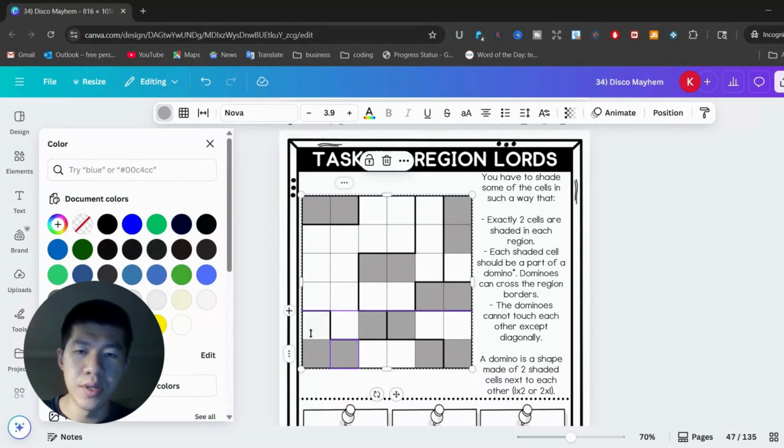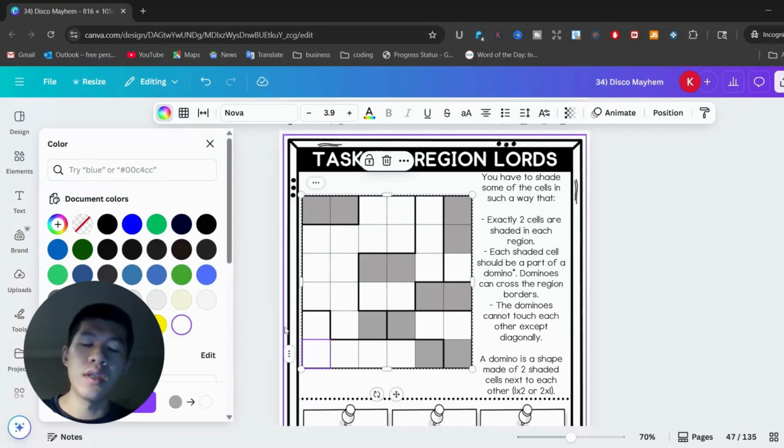So this L shape now has three shaded cells. So I can't put one here. And same goes for this one. This is now three shaded cells in this region. So logically speaking, I can't shade in this region right here.